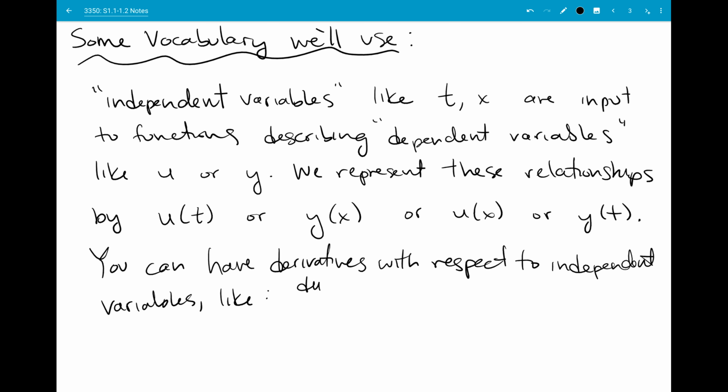So that would give us like du dx or du dt. Well, actually, let's go ahead and do it properly.